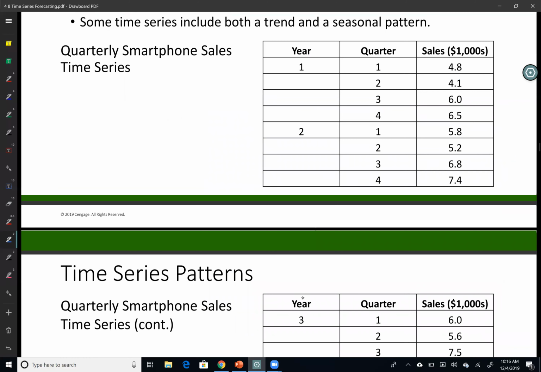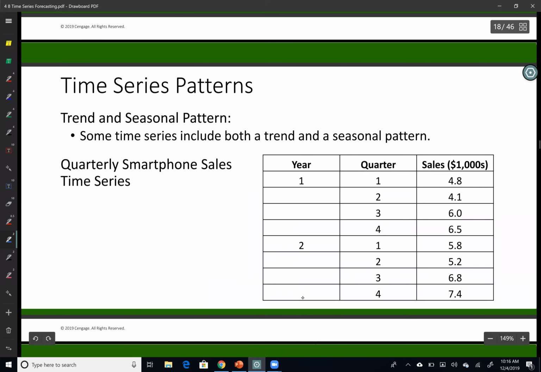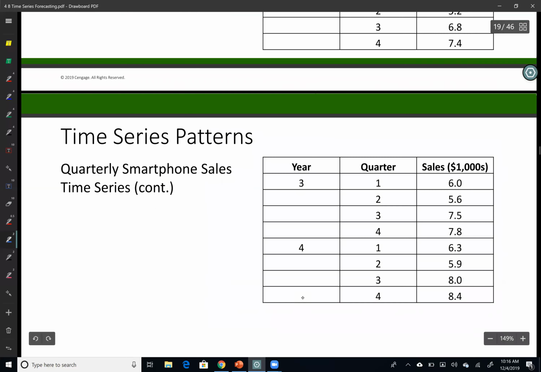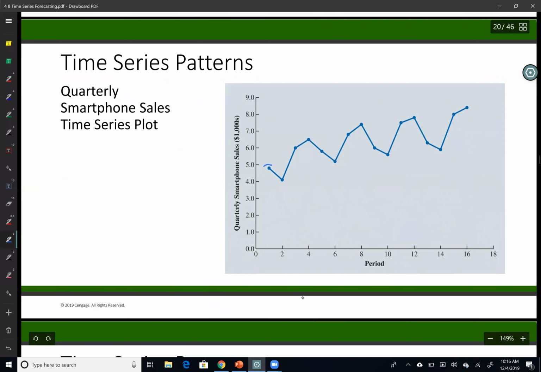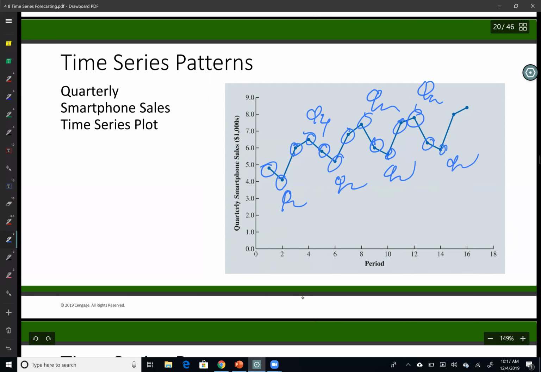So let's take a look at another example that has seasonal pattern as well as trend together for smartphone sales. In this case, I have 4 years of data quarterly. If we create a chart here, you can see quarter one, quarter two, quarter three, quarter four, and the cycle repeats.